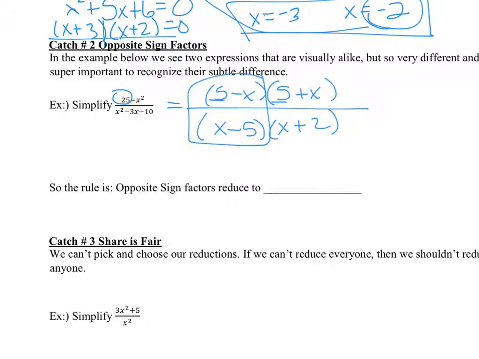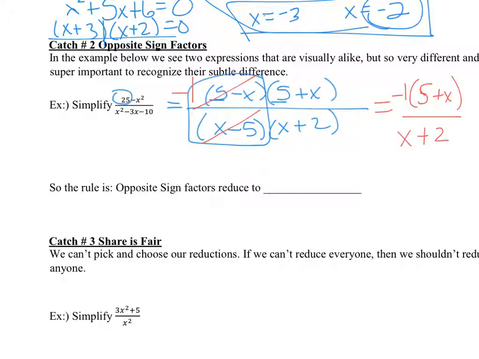And basically what that means is I can cancel them out. Thank goodness. Okay, but they factor to a negative 1. Instead of 1, where they were exactly the same, if they were both x minus 5, it would just reduce to 1. But since they're opposite sign factors, they reduce to negative 1. So we would just do negative 1, 5 plus x, over x plus 2.